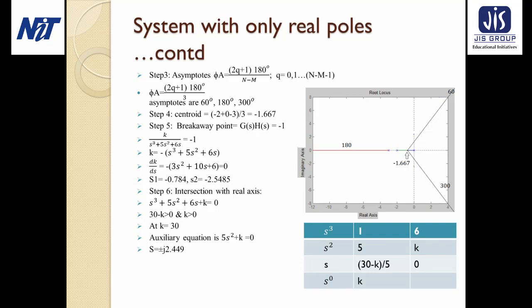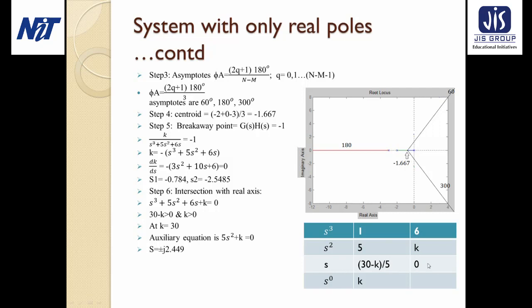The criterion for this table is that all the first column elements should be greater than 0. So we get two conditions: one is K greater than 0 and another one is (30 minus K) by 5 greater than 0. If we put the value K equal to 30, then this row becomes 0.